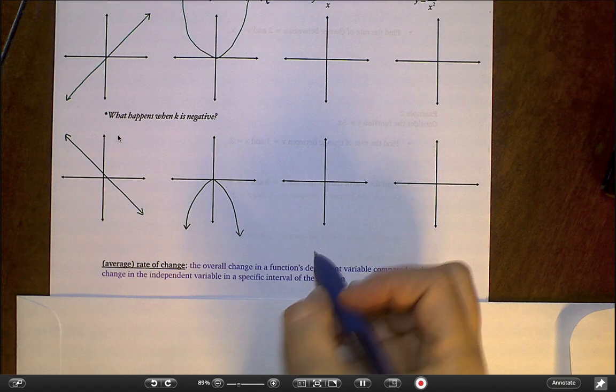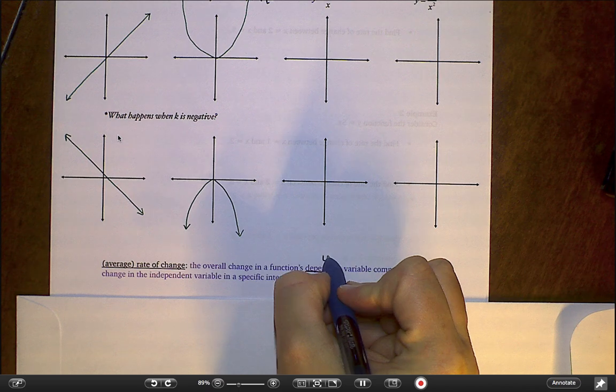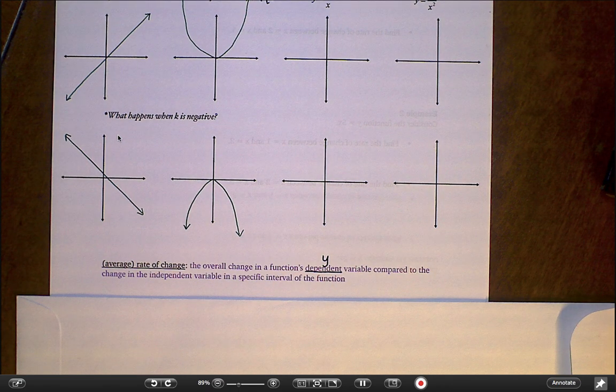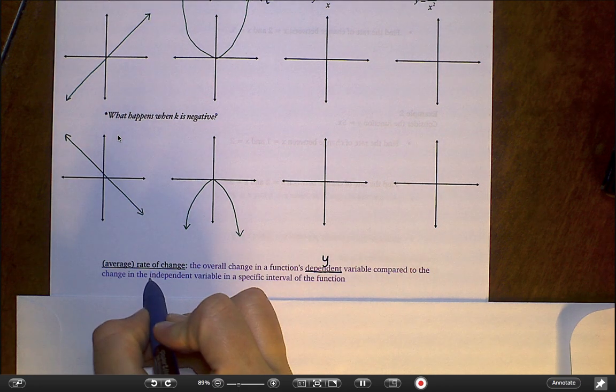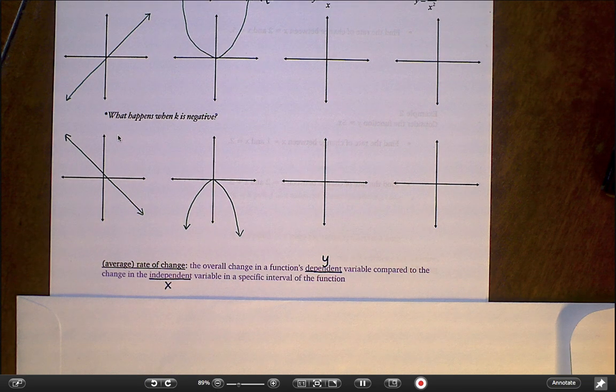Change in the function's dependent variable. Typically for dependent variable, we use the letter y, right? Compared to the independent variable, which we usually use x for. So if I was to say this in a simpler way, I would say change in y compared to change in x.